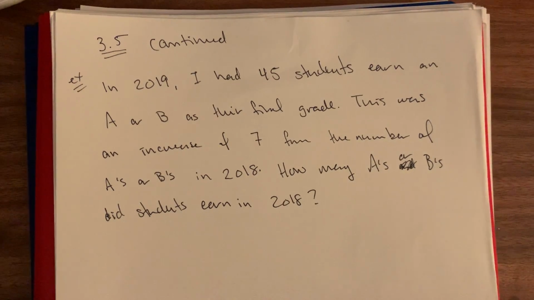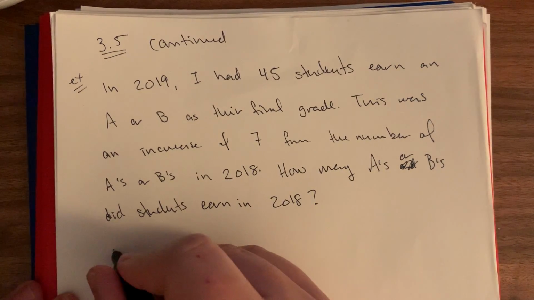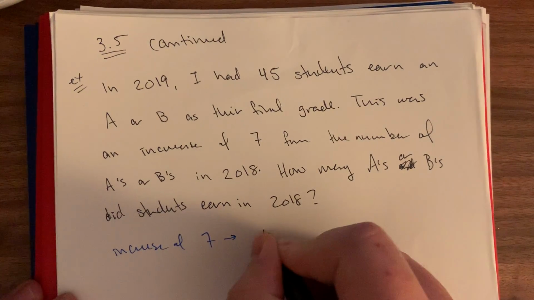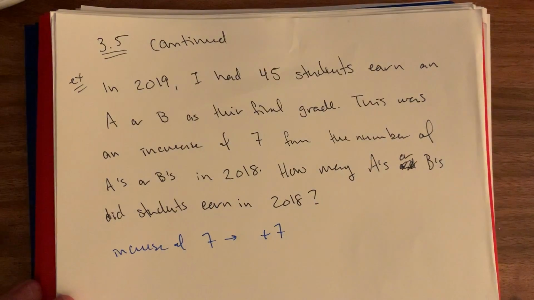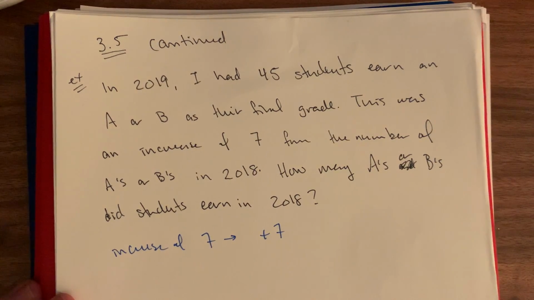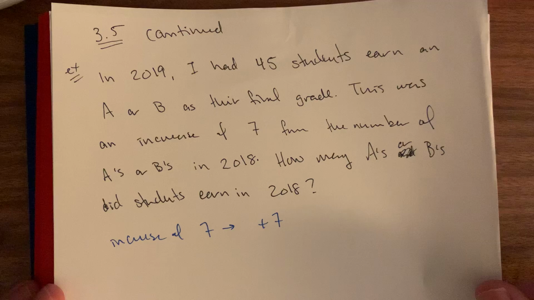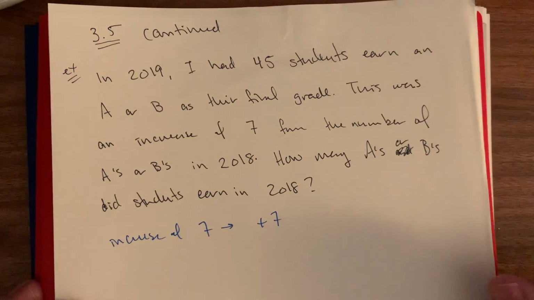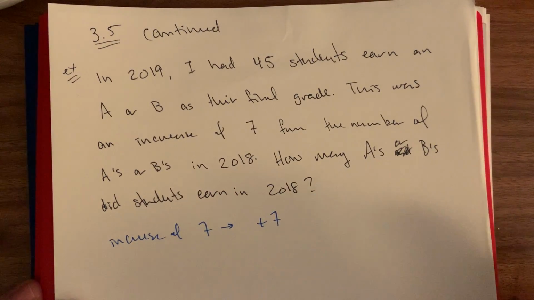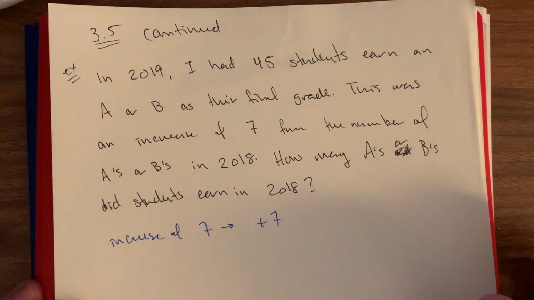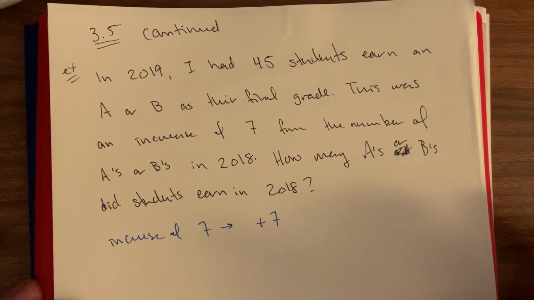So this was an increase of 7, right? So increase of 7 means plus 7. So just as far as identifying some math stuff, that's a number I should be aware of, from the number of A's or B's in 2018, right? So the 2019 value is essentially the 2018 value plus 7.